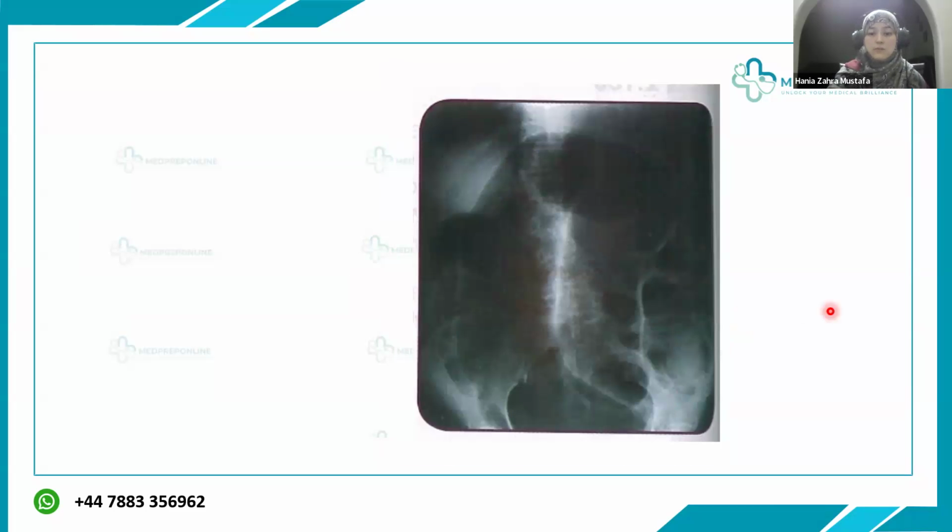Can anyone comment on this one? Yes, Dr. Ali, it is sigmoid volvulus, basically large bowel obstruction.